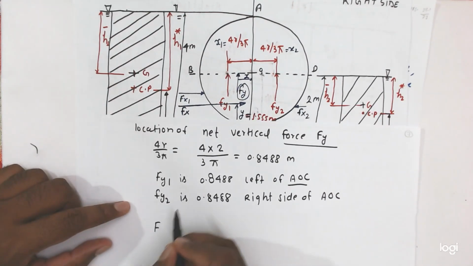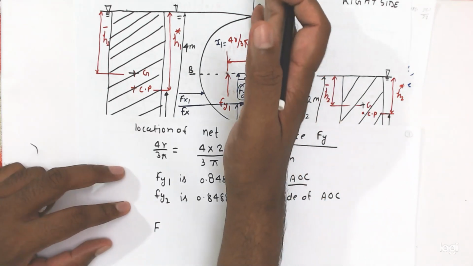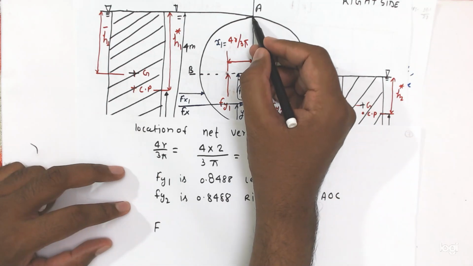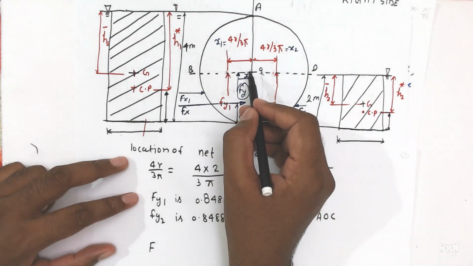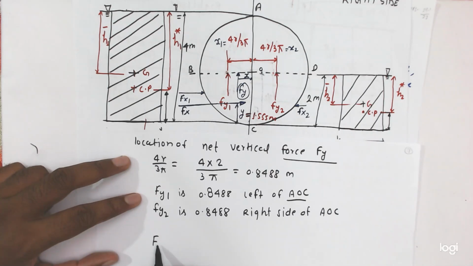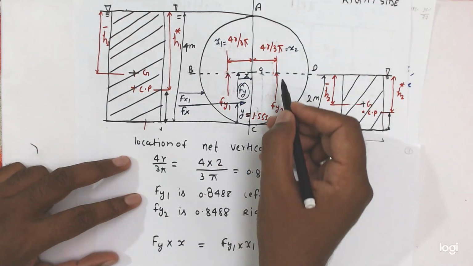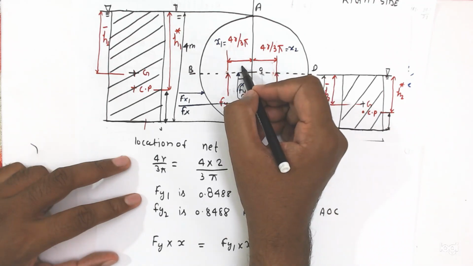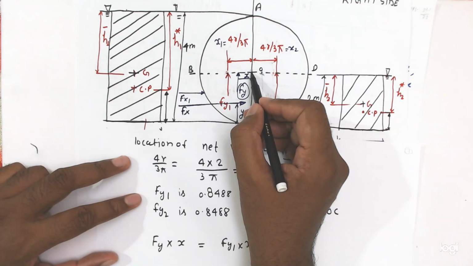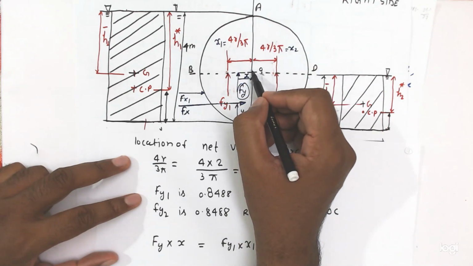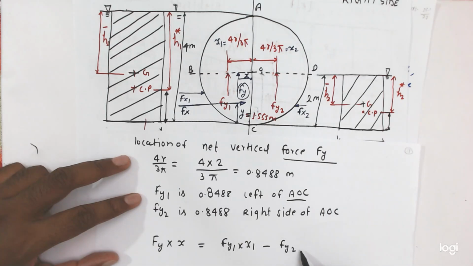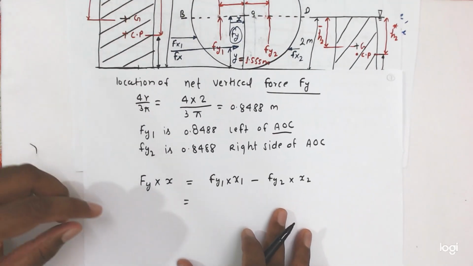Taking moments about this point O, Fy into x equals Fy1 into x1 minus Fy2 into x2, because here you see clockwise and here anti-clockwise. So by this way we can find the value.